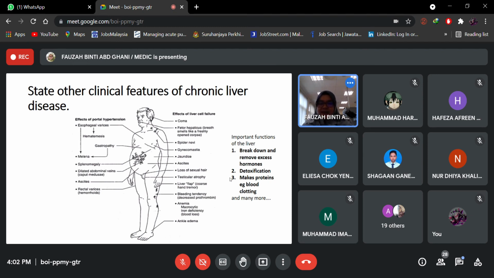And then there's also other things we mentioned, like the jaundice. Ascites you have mentioned as well. Liver flap. Does anyone know what is the cause of the liver flap? It's due to the encephalopathy, right, doctor?